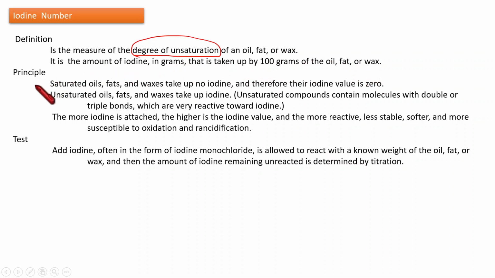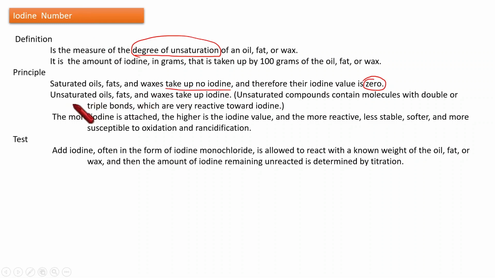So the principle is what I already explained to you. In the case of saturated oils, we know that saturated oils don't have any double bonds or triple bonds. So they cannot take up iodine. So its iodine number will be 0.